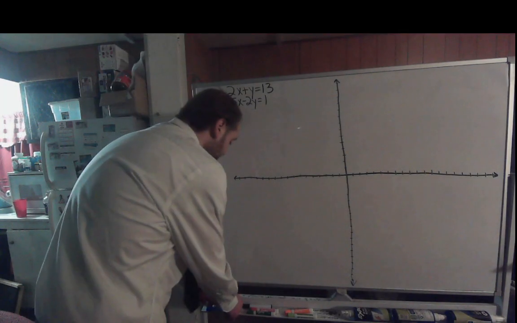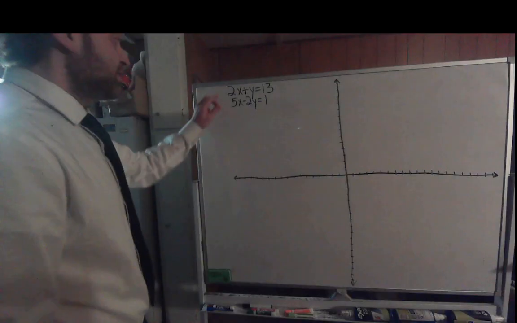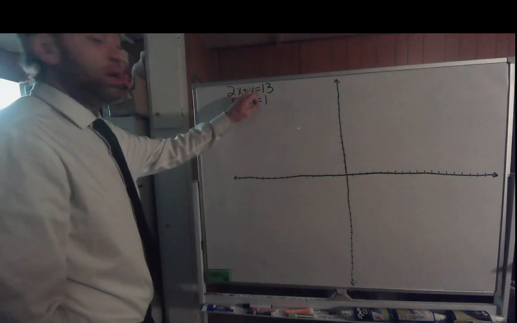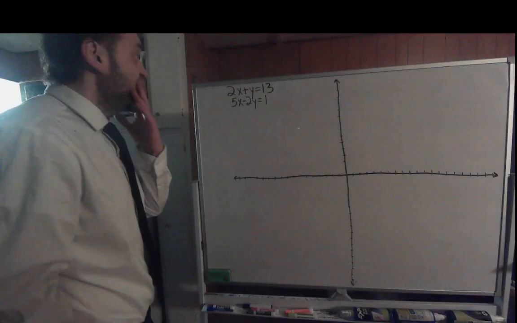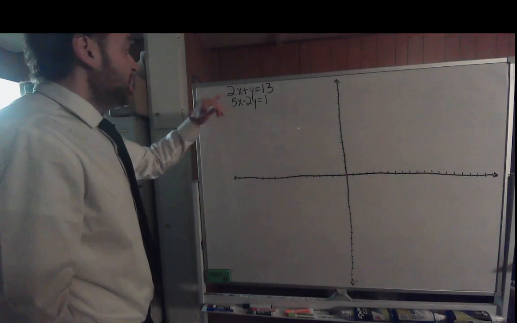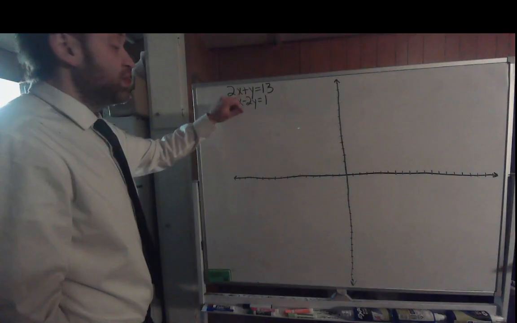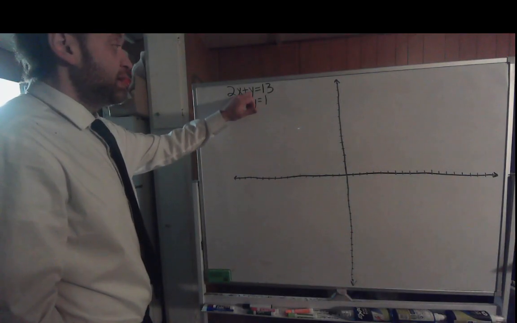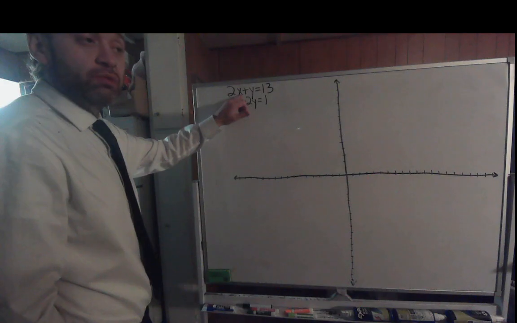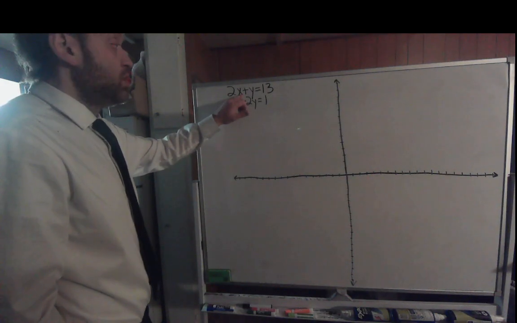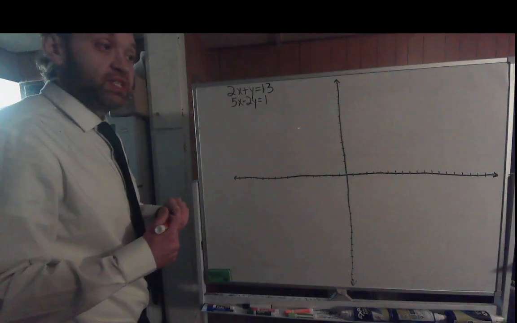So let's take the first line, 2x plus y equals 13. Let's graph that. If we want to find the x-intercept, set y equal to 0, you would get 2x equals 13. Well, that would give you x equals 13 halves, which would be 6.5.